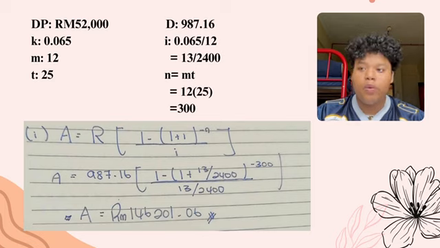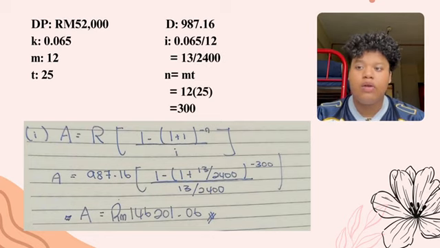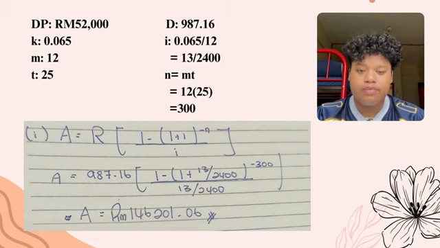So open bracket 1 minus open bracket 1 plus 13 over 2,400 close the bracket, and then power of negative 300, over 13 over 2,400, close the bracket.